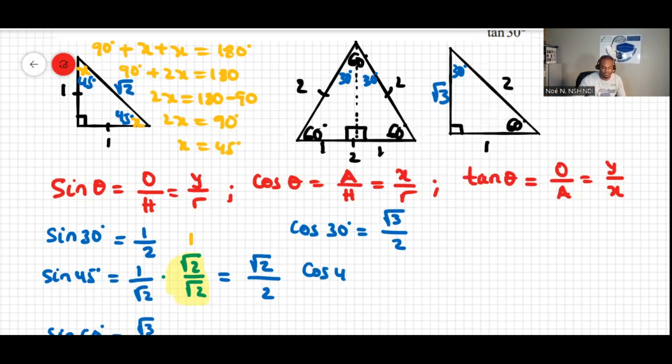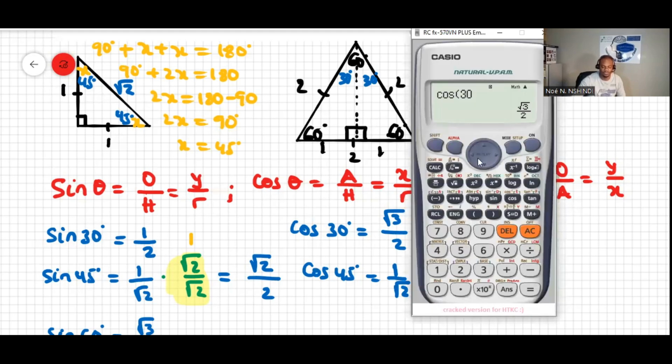Cos of 45 degrees. Now let's see, 45 degrees there, and there. If I take this one, the adjacent side is 1, and the hypotenuse is root 2. So it's going to be 1 over root 2. We will rationalize as we did here, and then this is going to be root 2 over 2. So let's check. Cos of 45 degrees is √2/2 as here.